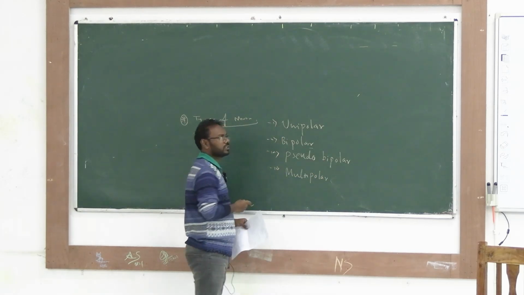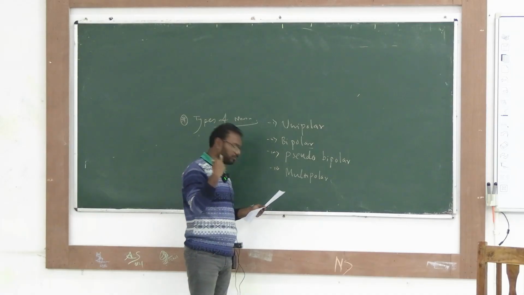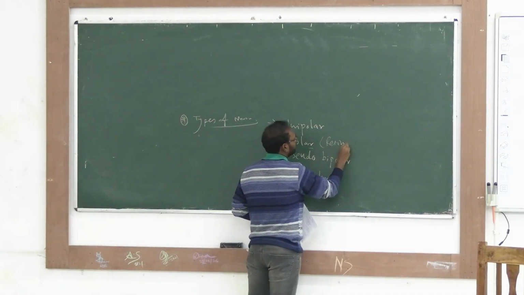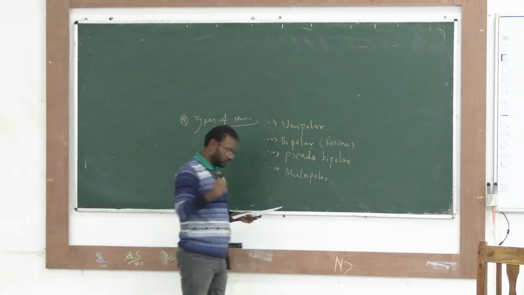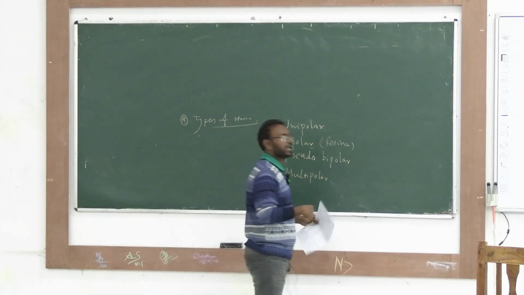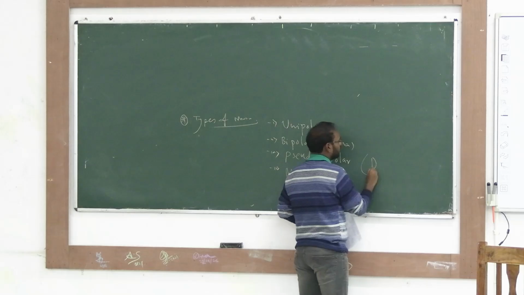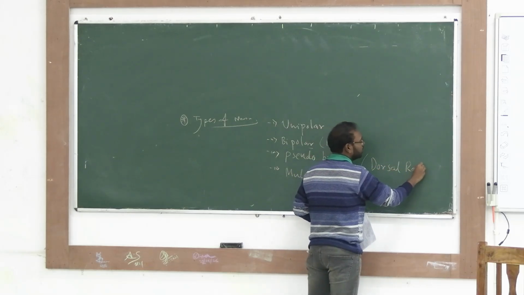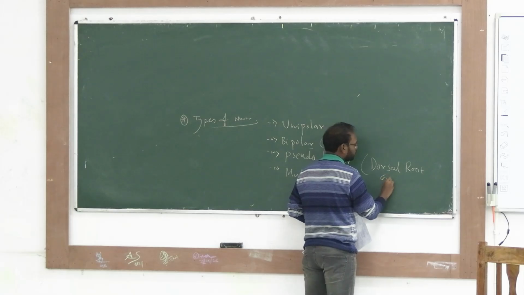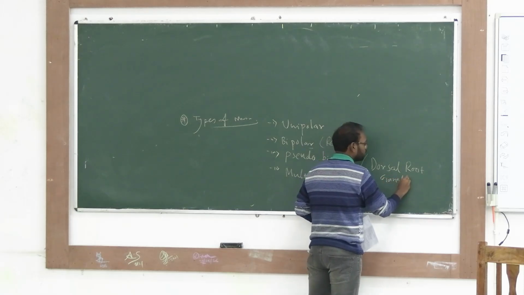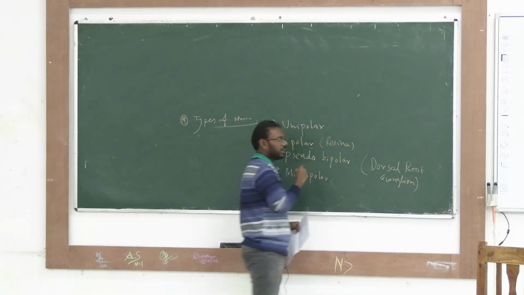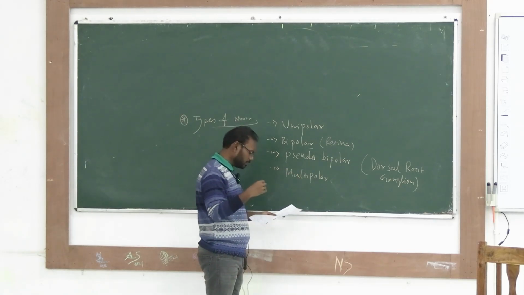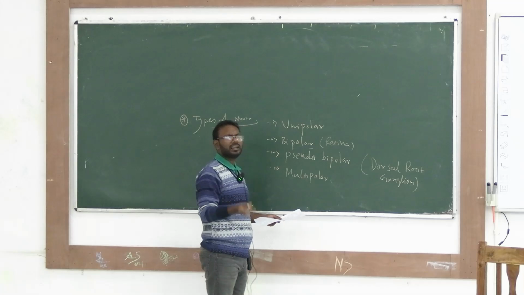Bipolar neurons are seen in abundance in our retina. Pseudo bipolar neurons are present in the dorsal root ganglion. You will learn more details about the dorsal root ganglion when you study the CNS. Multipolar neurons are present in spinal and motor neurons.